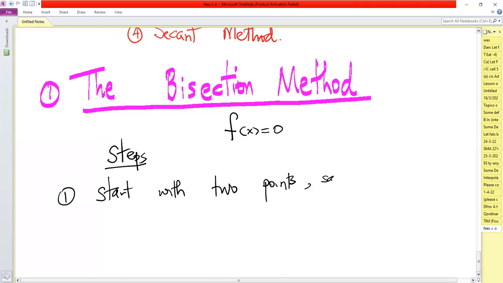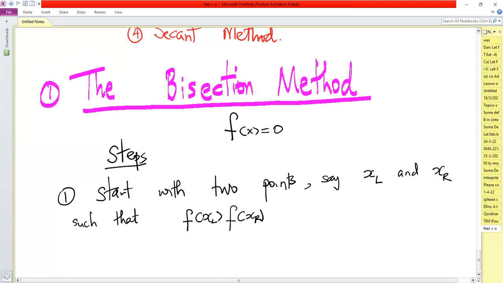So step 1, start with 2 points, say XL and XR, such that if you take the value of the function at XL, you multiply by the value of the function at XR, then it's always less than 0.